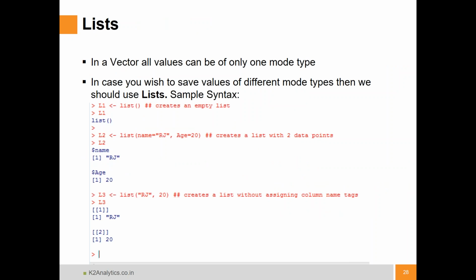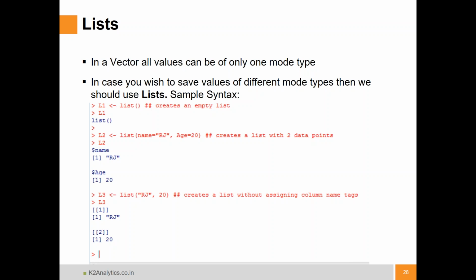Now let's move forward to the next data type, which is called list. When we are working in R, is it necessary that all values that we have should always be of the same type? Sometimes it may so happen we require a programming object where certain values will be numeric, certain values will be characters. It's simple, like when we go out shopping, we create a shopping list. And when we create a shopping list, is it that everything in the shopping list is apparel only?